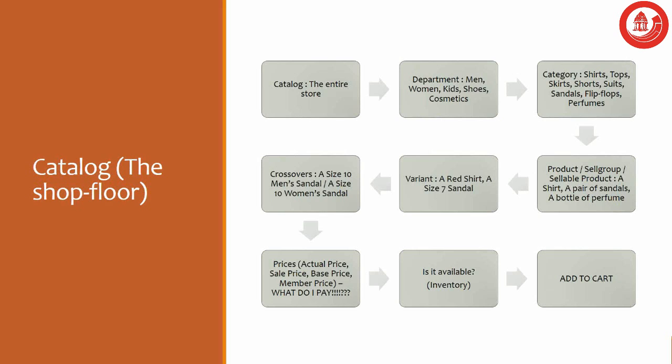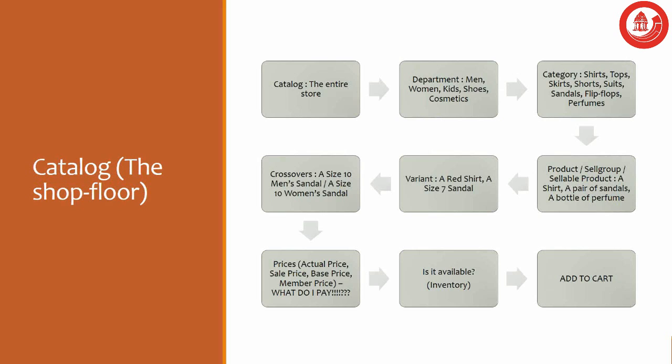It's very much possible when you are browsing online because you can browse that you are in the men's department, and in the men's department you are looking for shoes. So the websites are smart enough to track where you are coming from and take you to the right place. So if you clicked on men's, and then if you clicked on shoes, you will see men's shoes. You are not going to see shoes for both men and women and kids. You are not going to see all shoes. You are only going to see men's shoes.